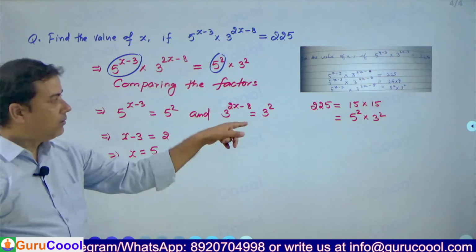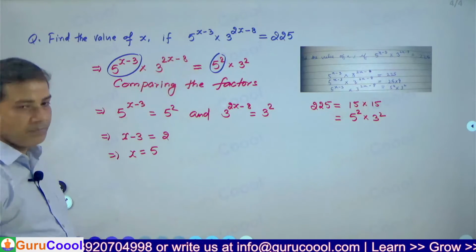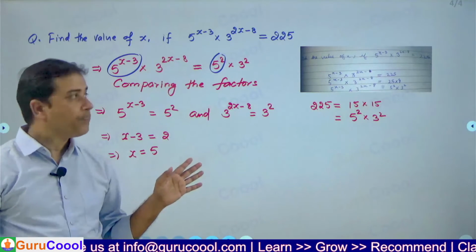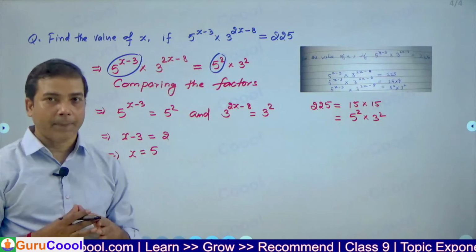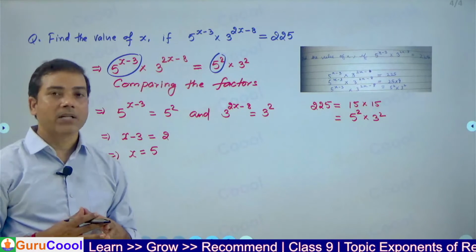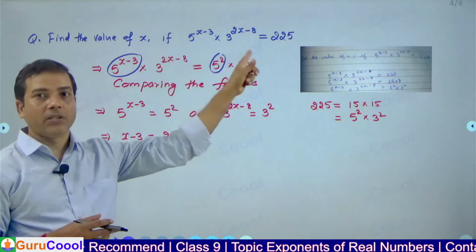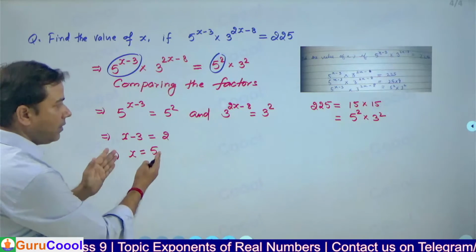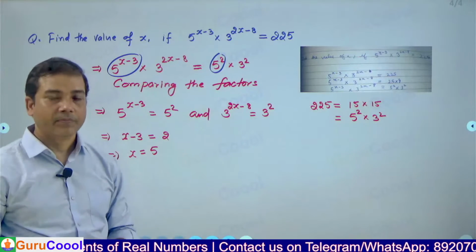And the second one will give the same answer if this question is valid. Remember, this is the validity of the trick. We have applied a trick, and if our trick is valid, or we can say if the situation is possible, then here and here we will get the same value of x.